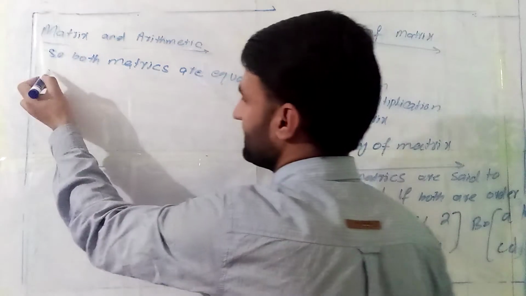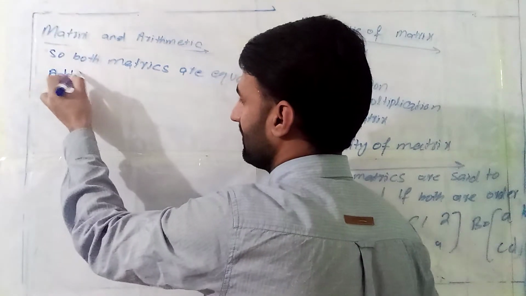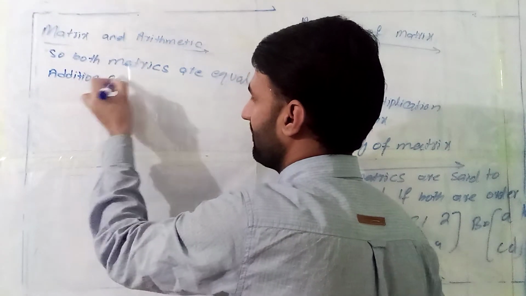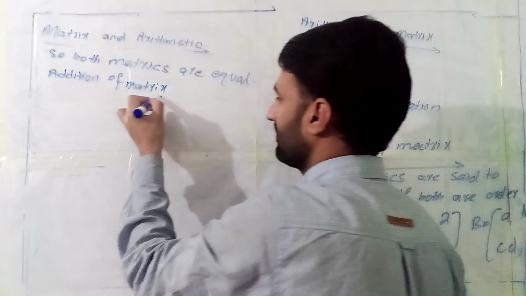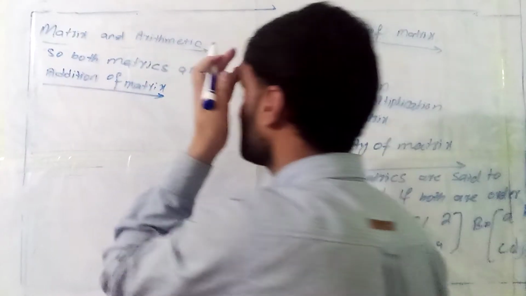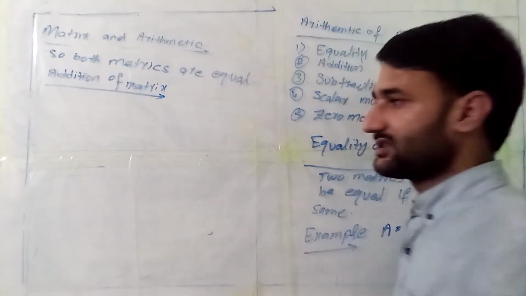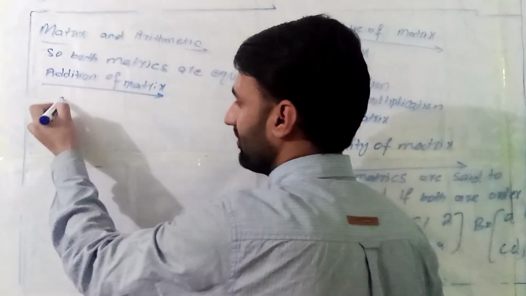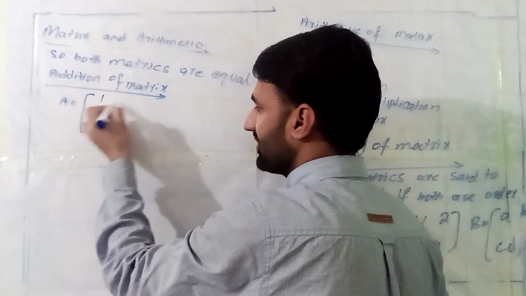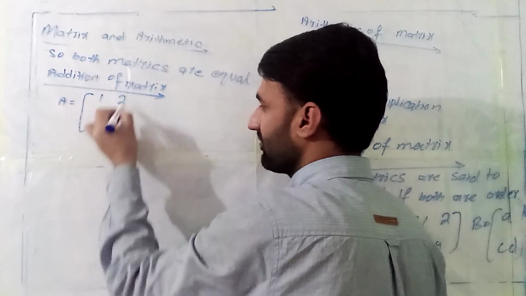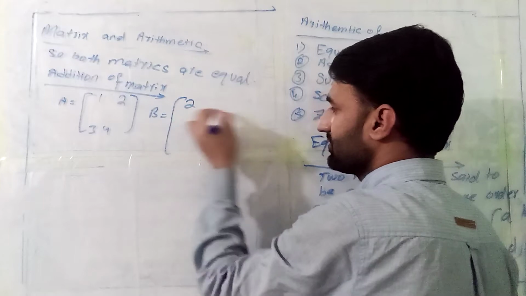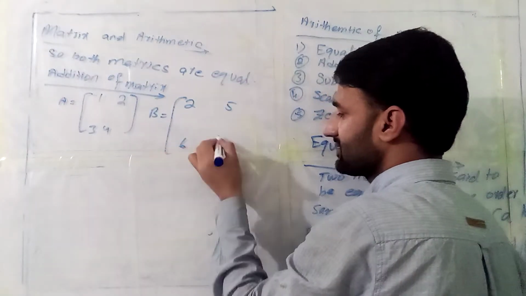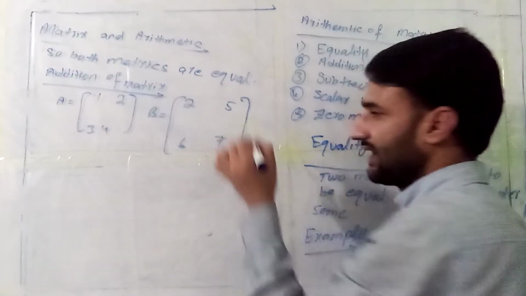Number 2 is addition of matrices. For checking the addition of matrices, for example, A is 1, 2, 3, 4 and B is equal to 2, 5, 6, 7, for your understanding.